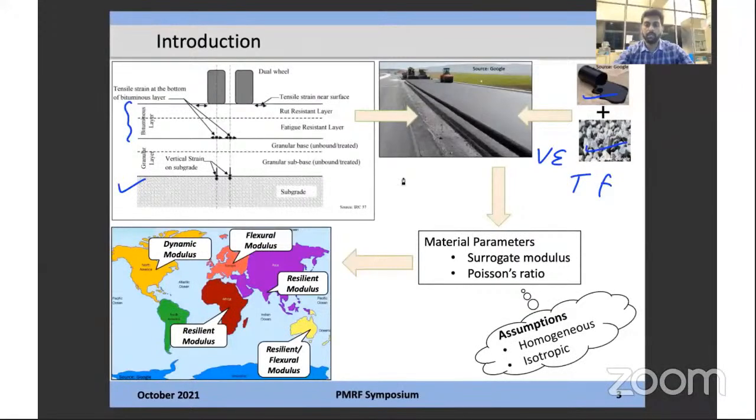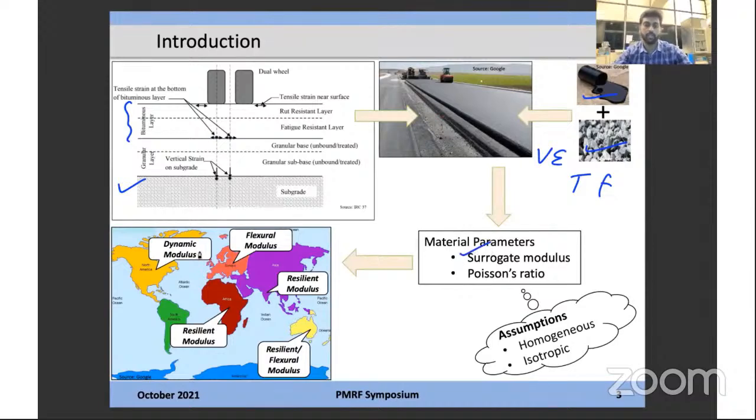A typical bituminous pavement design procedure follows linearized layered elasticity theory, in which the material parameters are elastic modulus and Poisson's ratio. Since bituminous mixtures are viscoelastic in nature, we need to use a modulus value which is dependent on the frequency of loading. Therefore, we use a modulus called the surrogate modulus.